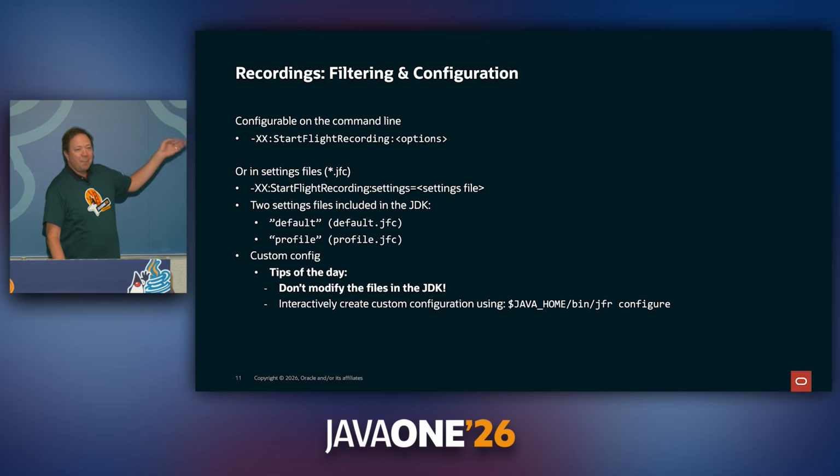So instead, make a copy. And if you want to create a file from scratch, we have a very helpful tool called jfr, which you'll find in your Java Home bin directory. That command has a subcommand called configure, and with that, you can do interactive creation of one of these configuration files. So yeah, in case you want to play around with that.